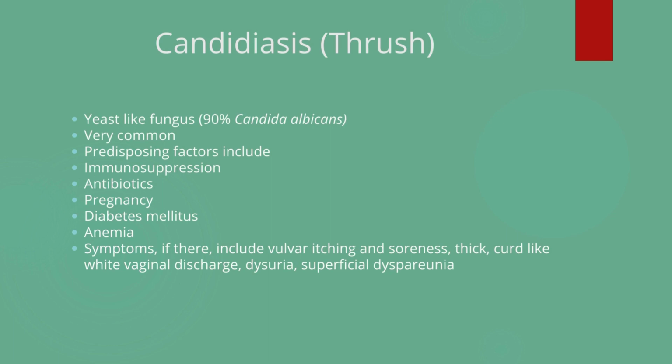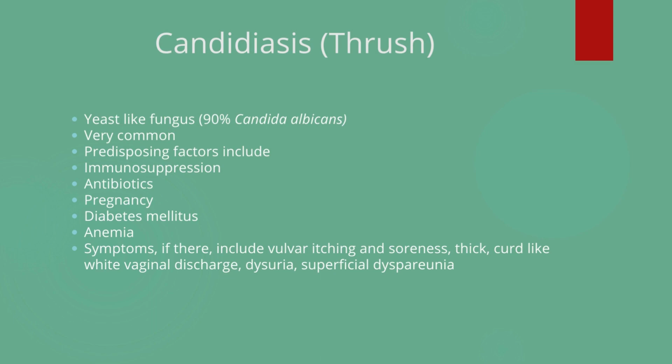Now, let's move on to the next infection, which is candidiasis or thrush. We know that it is a fungal infection. 90% of the time, it is Candida albicans, but it can be something else as well. It is very common, and susceptible people usually are immunosuppressed, or they have recently completed a course of antibiotics, or they're pregnant.